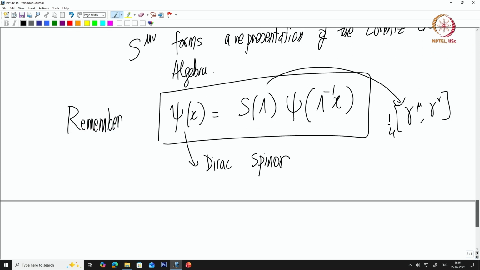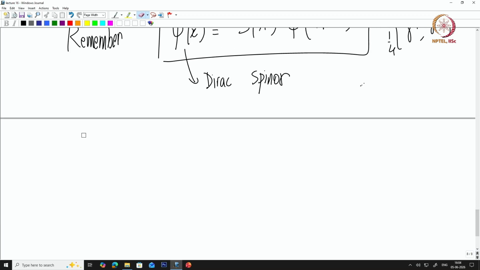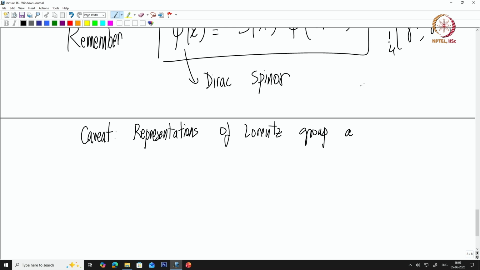But there is one caveat: representations of the Lorentz group are non-unitary. This is something we should remember.